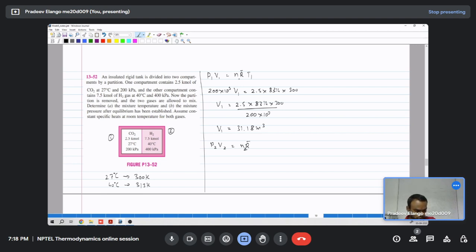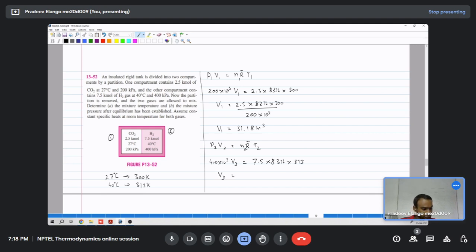Similarly, P2 V2 is equal to N R T2. So 400 times 10 to the power 3 times V2 is equal to 7.5 kilomole times 8314 times the temperature, 313 Kelvin.